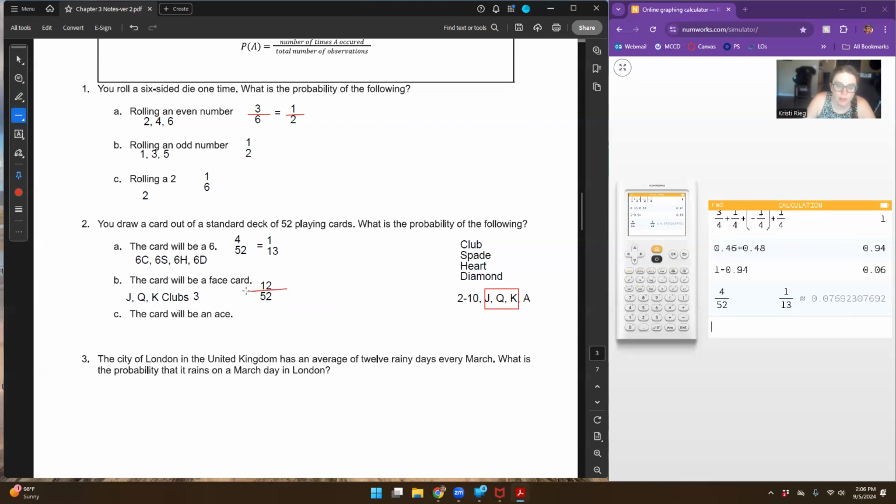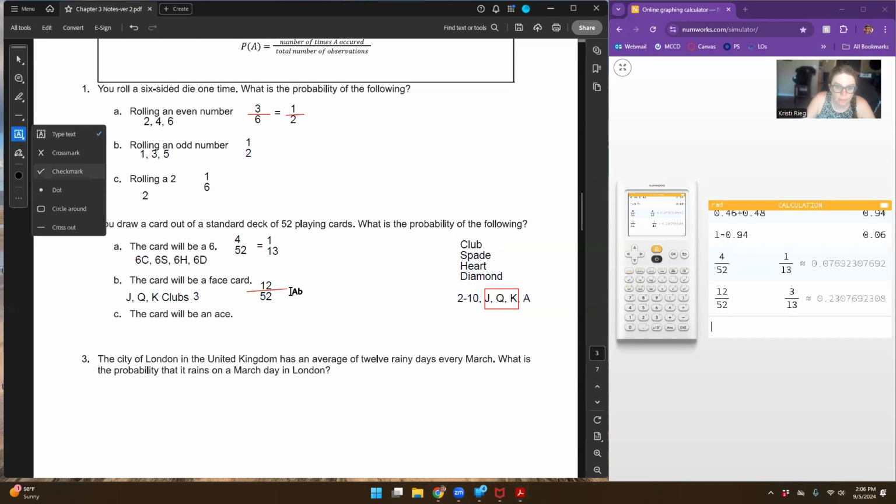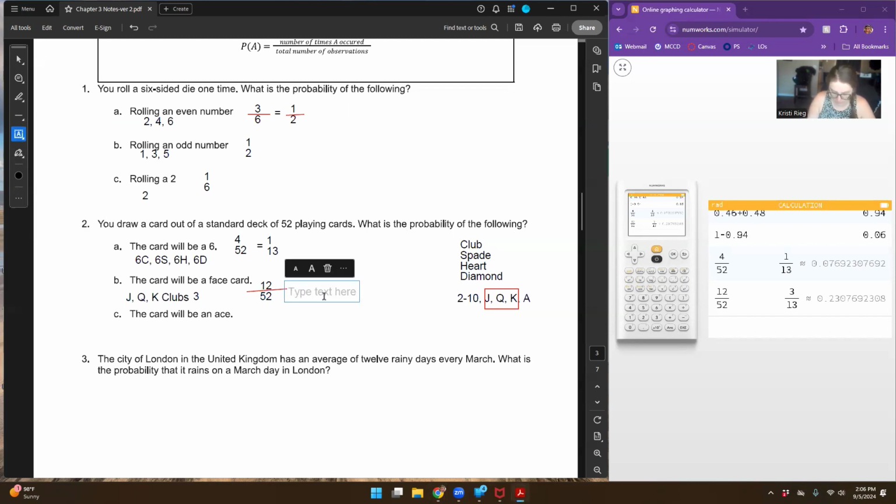What is 12 out of 52? Let's see. 12 out of 52 is 3 out of 13.